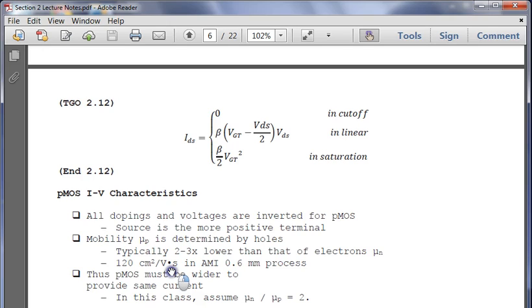The electrons are bouncing through, but the holes actually have to be the result of covalent bonds being broken or created. So therefore, this is why, if you recall on the first day of lecture, I was showing you the layout of the inverter, we have to make PMOS twice as thick as the NMOS. This is why, because of electron and hole mobility.